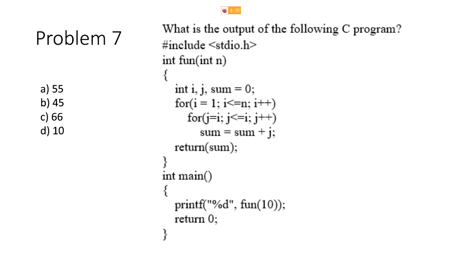Ma'am, for i equals 1. Yes. Here i value is 1, which means 1 less than or equal to n. Yes. i plus plus means 1 plus, that's the increment. Yes.